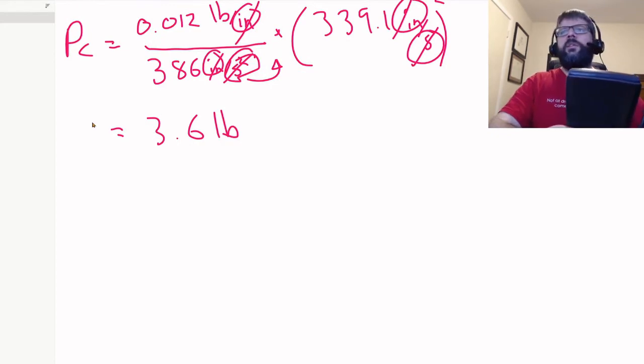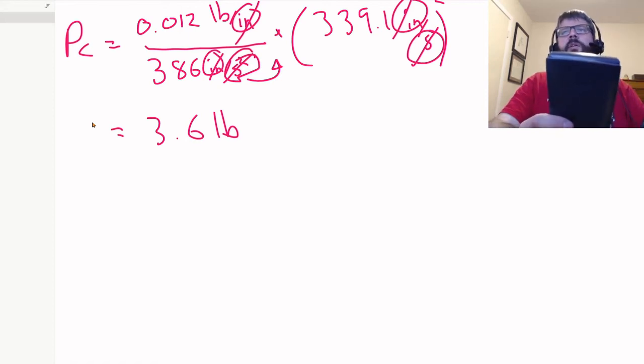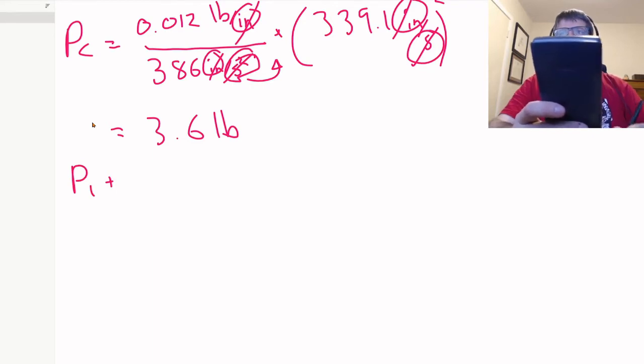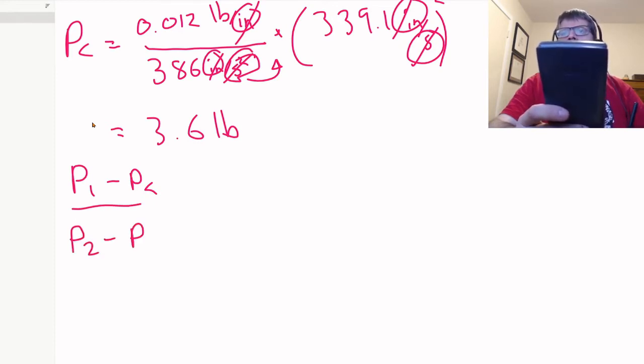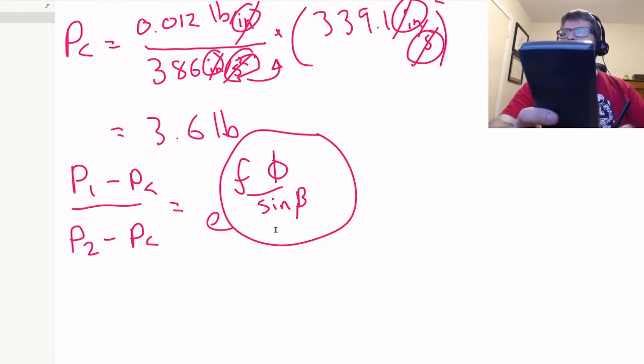So we can go ahead and figure out what our tension ratios are. So again, P1 minus PC divided by P2 minus PC is going to be equal to e to the f phi over sine beta. So let's figure out what this term here is first.